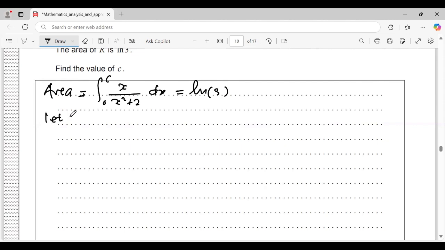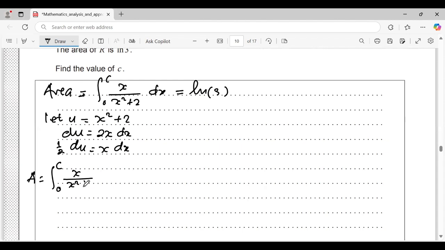Next, let u equal x squared plus 2, du equals 2x dx, or 1/2 du equals x dx.